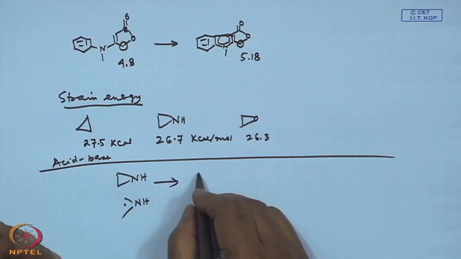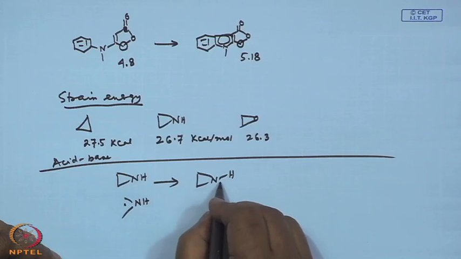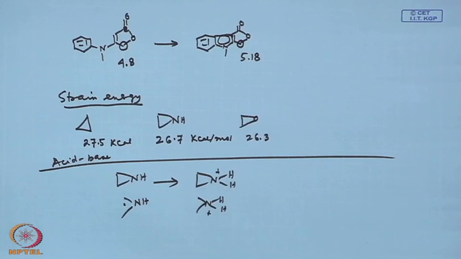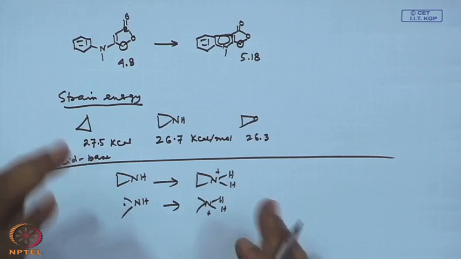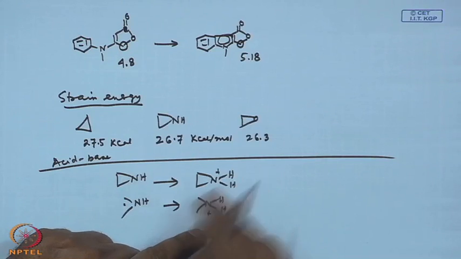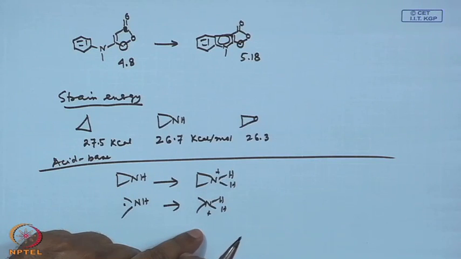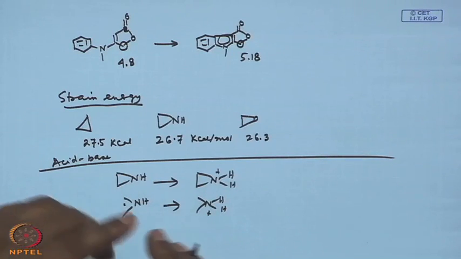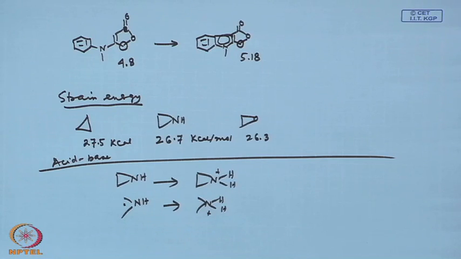So, we normally talk about the corresponding protonated species, and we have to see which one becomes more stable. In this case, dimethylamine is an open-chain compound, so it can readjust its structure, and it becomes more stable. Which one is more basic? Dimethylamine is more basic because it gets stabilization on protonation, but aziridine does not.